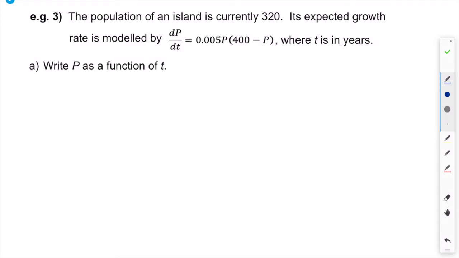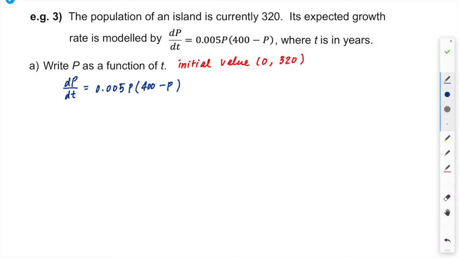Notice how 320 is the current population, so we do have an initial condition: at 0, the value is 320. Okay, and t is time, obviously. So we can start by writing out dP/dt, which is 0.005 P times 400 minus P.